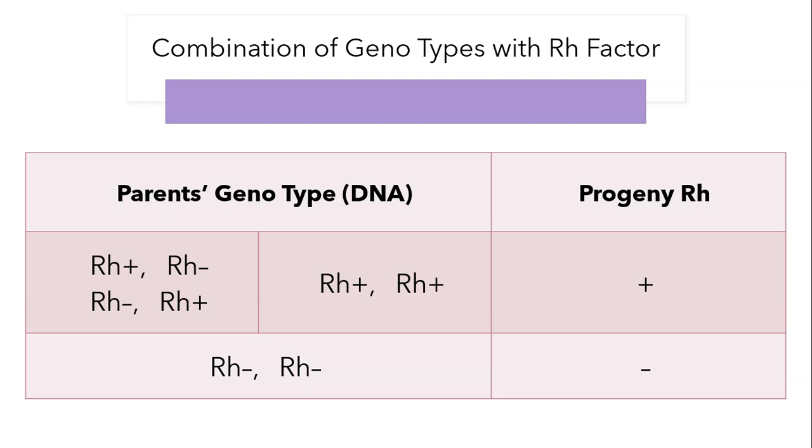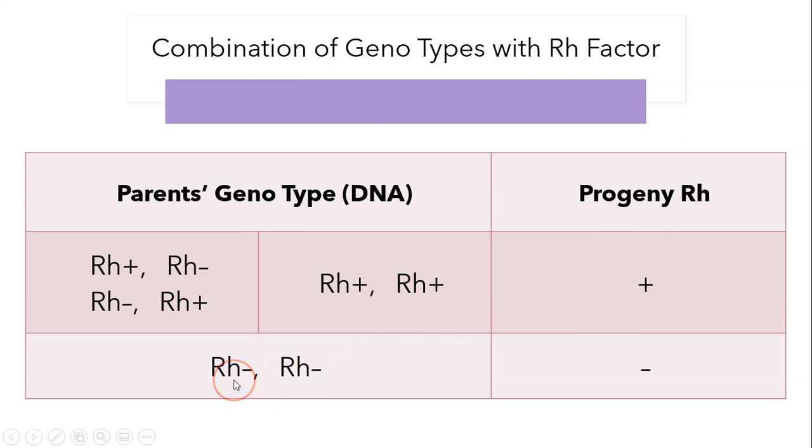Now the combination of genotypes with RH factor. If the paternal genotype is RH positive and the maternal genotype is RH negative, or the opposite, or both are positive, in that case the progeny RH will be positive.